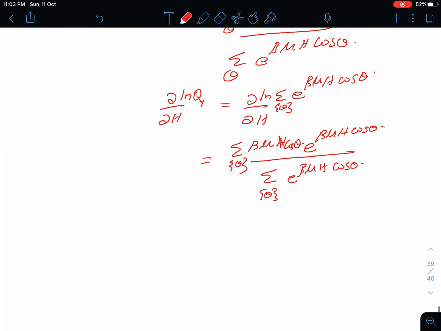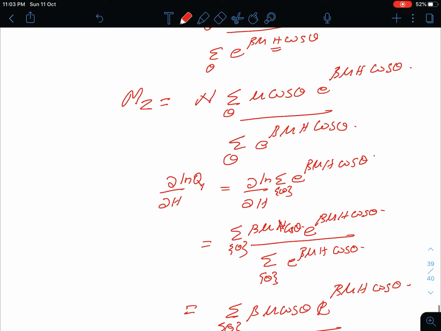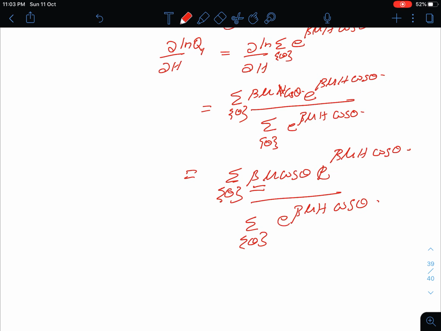Okay, so that means sigma theta beta mu cos theta e raised to beta mu h cos theta divided by sigma theta e raised to beta mu h cos theta. Now if you compare this to the mz, apart from n, what is this? The only thing is that you have an additional beta here. Okay, so this is the only trouble.